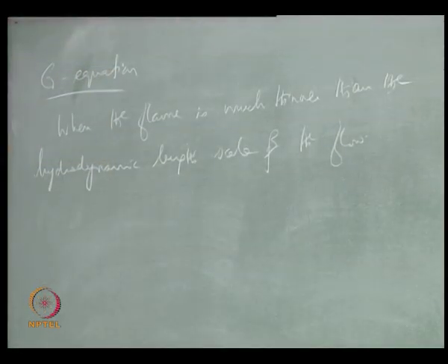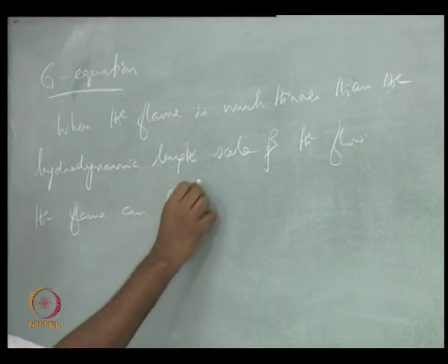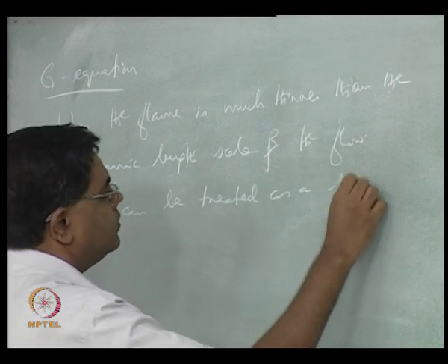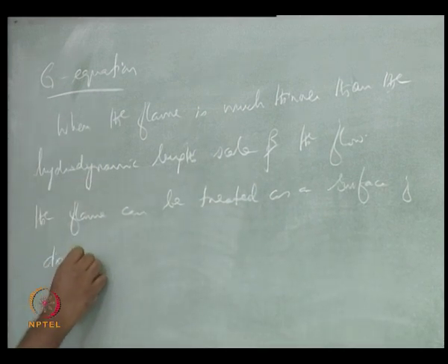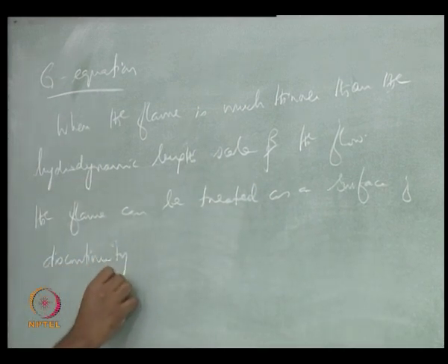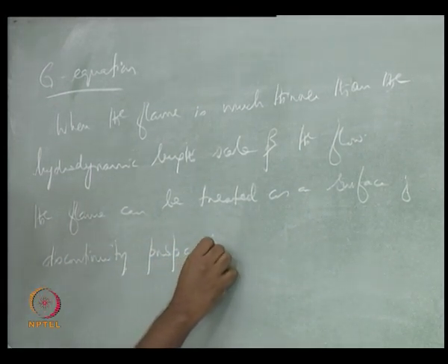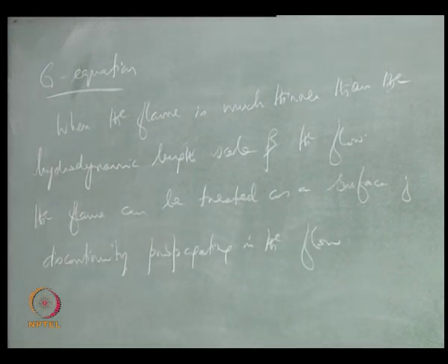So it is essentially like a surface of discontinuity. The flame can be treated as a surface of discontinuity propagating in the flow. That means the flame has a certain propagation speed which we now kind of take for granted.